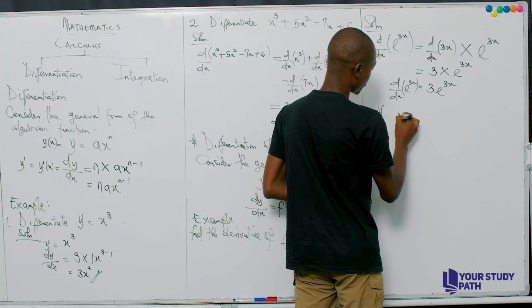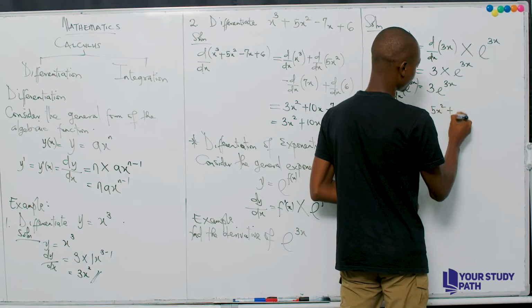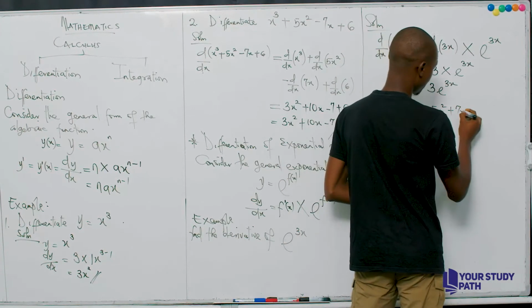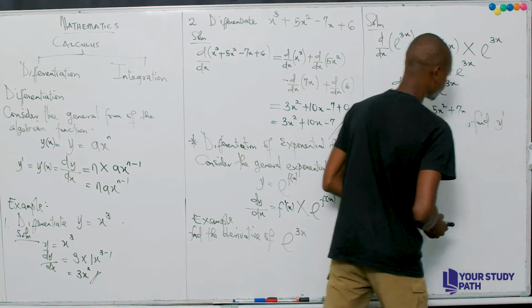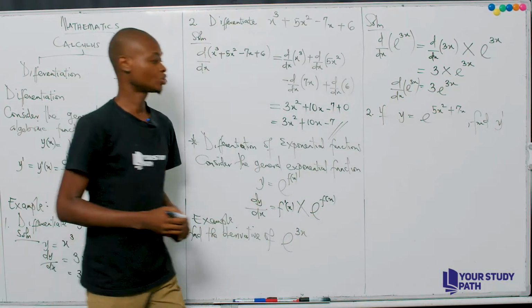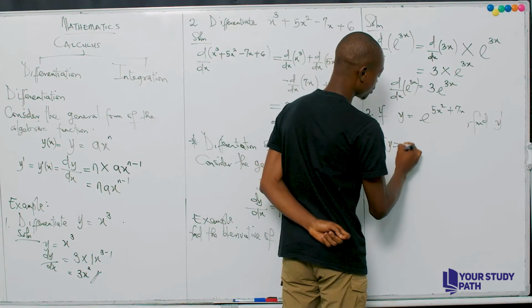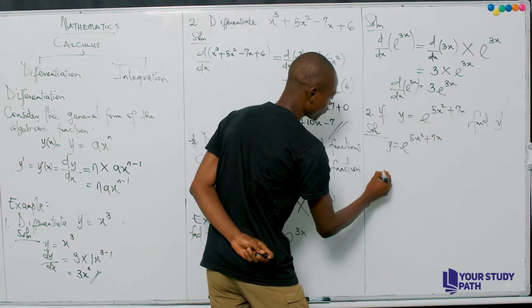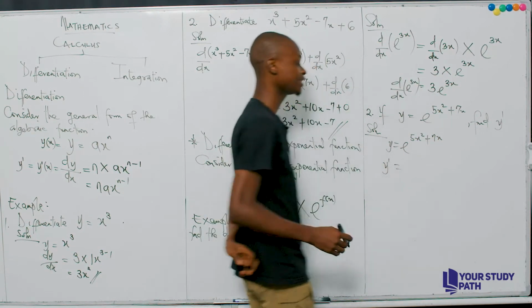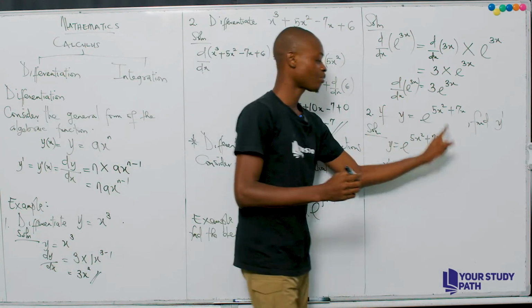If y is equal to e raised to the power 5x squared plus 7x, find y prime. So y is equal to e raised to the power 5x squared plus 7x. So to find y prime, which is simply dy dx, we simply have to first and foremost take this power.